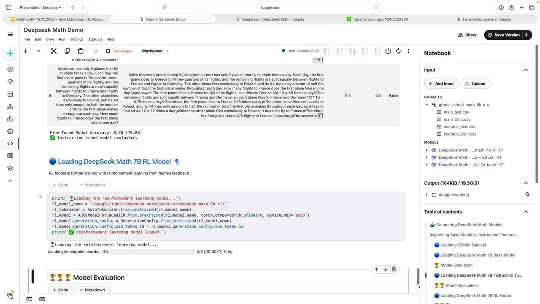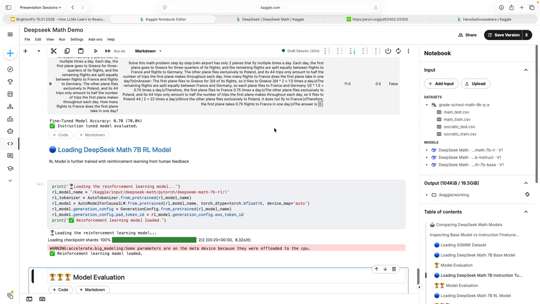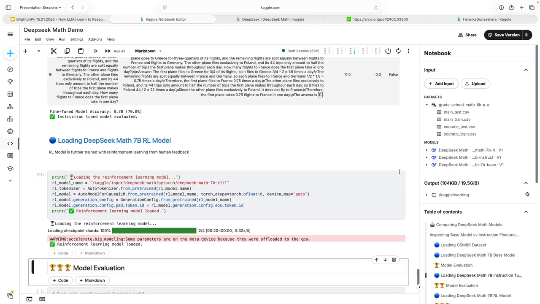As these models are too large, sometimes the system cannot load the model parameters into the GPU because it already has two large models in the system. So it gives a warning that the big modeling parameters are on the meta device because they were offloaded to the CPU.